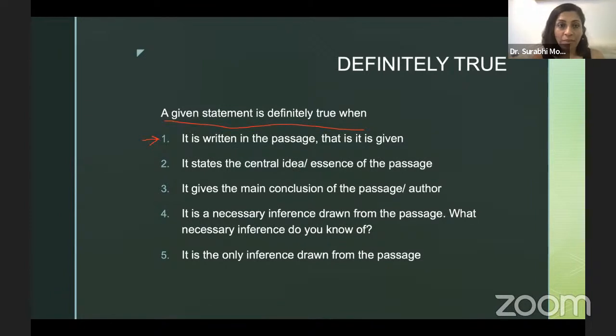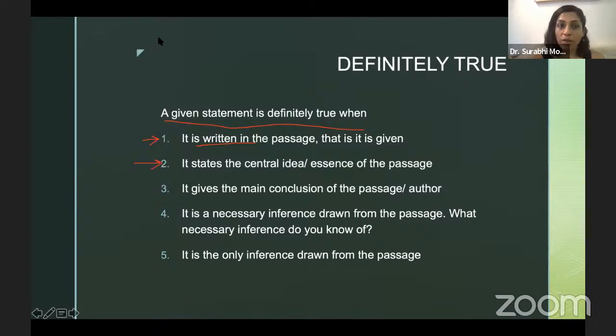A statement can be definitely true also when it is representing the central idea of the passage, which means that it's not somewhere that you can pinpoint in the passage. It's not as if it's directly written, but it is what the author is trying to tell us.